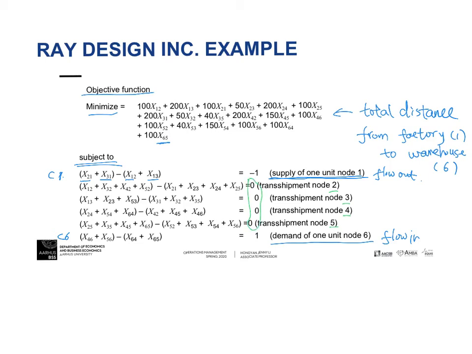Because in these transshipment nodes, they have both flow in and flow out. So you choose one route in and one route out. So there is a balance constraint, where the net flow of this constraint equals 0.